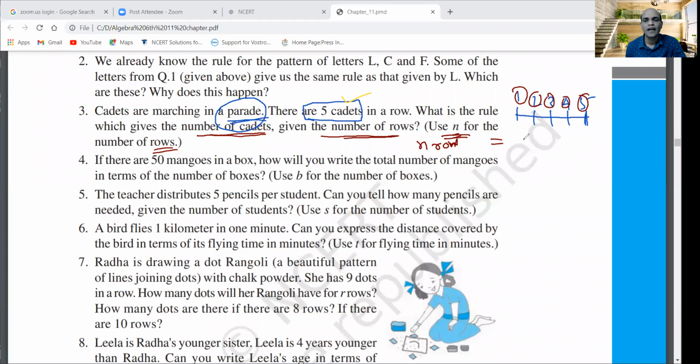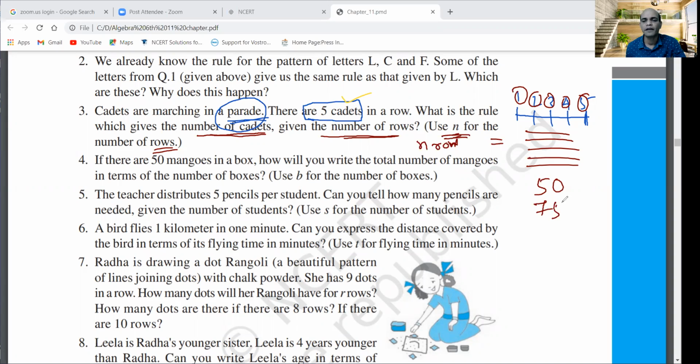Okay. In a row, there are 5 cadets. If I make 10 rows like this, then how many cadets will be there? 50. Good. Okay, if I make 15 rows, then it will be 15 multiplied by 5.